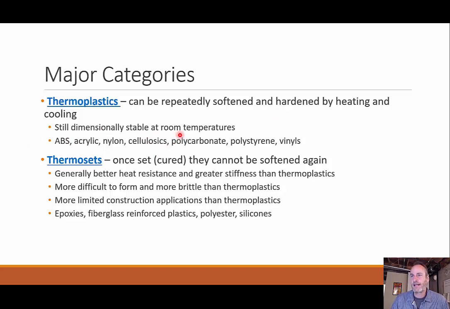They're dimensionally stable at room temperature, meaning they aren't going to grow too big or too small. Some examples would be ABS, acrylic, nylon, cellulosics, polycarbonate, polystyrene, and vinyls.